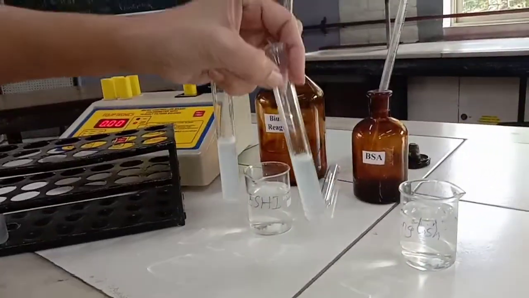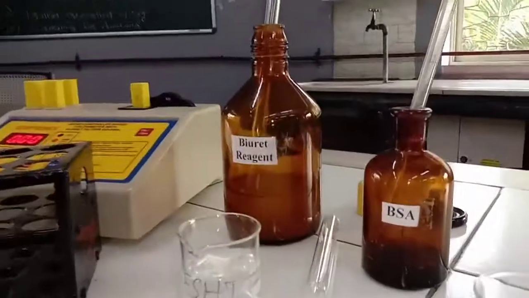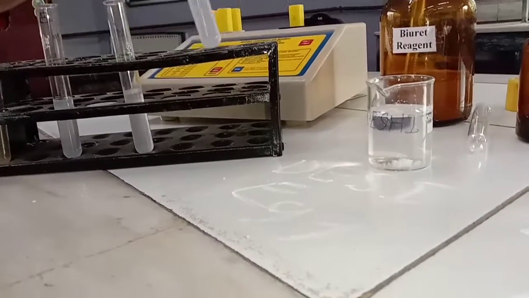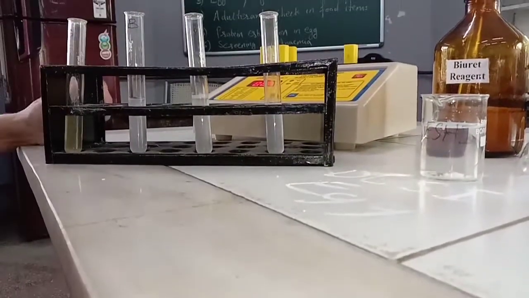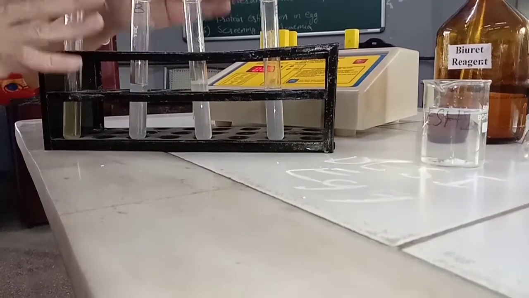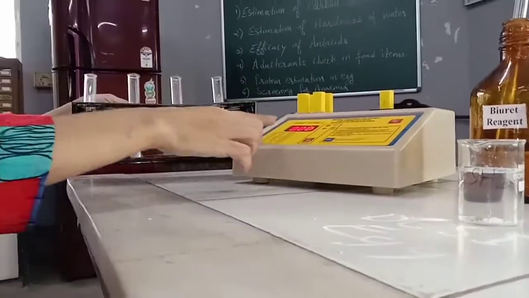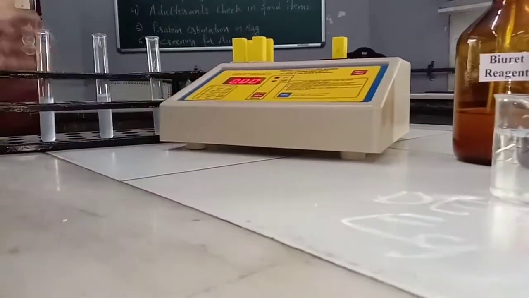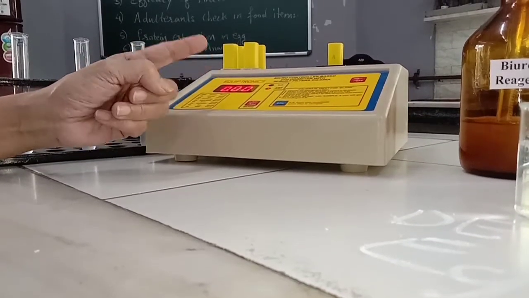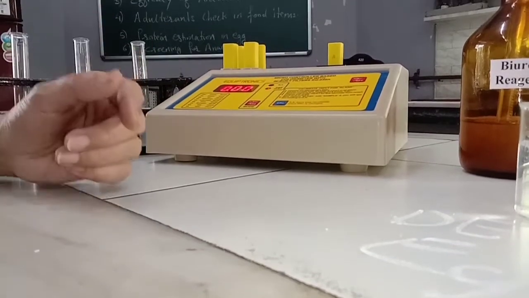So here I have taken the protein source albumin, then added the biuret reagent, shaken the tubes and waited for about 15 minutes for the color to appear. Now the color is ready, and we will now measure these colors on the calorimeter and then calculate depending upon what absorbance we get for the blank, for the standard, for E1 and E2.